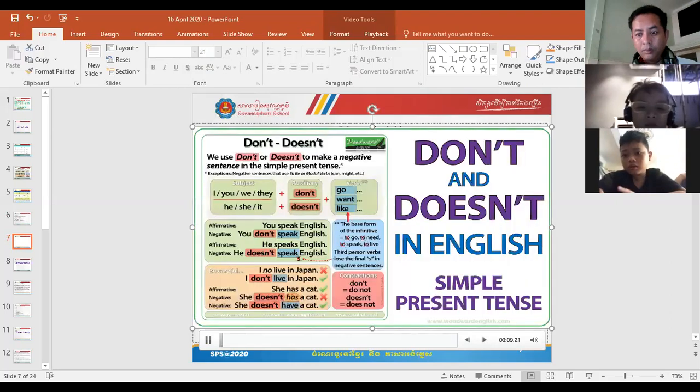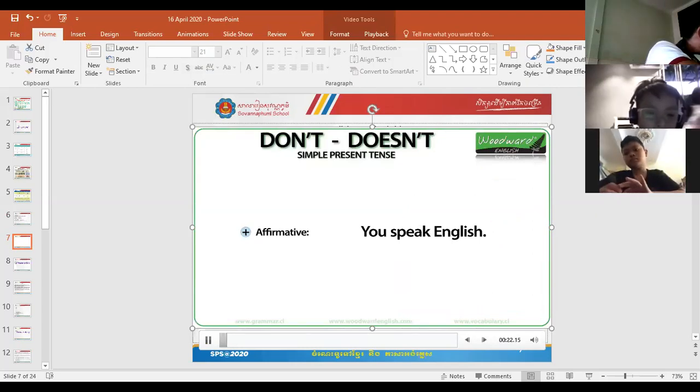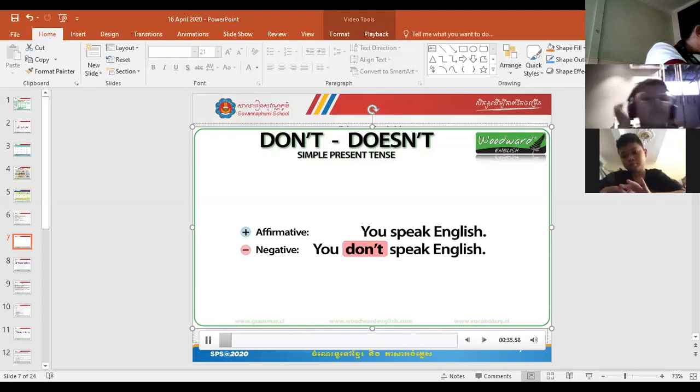Don't and doesn't in simple present tense. You speak English. This is an affirmative or positive sentence. How can we make this affirmative sentence a negative sentence? You speak English becomes you don't speak English.